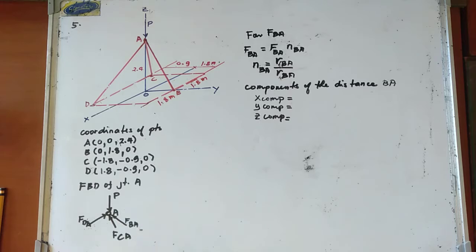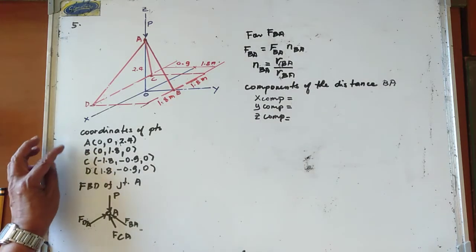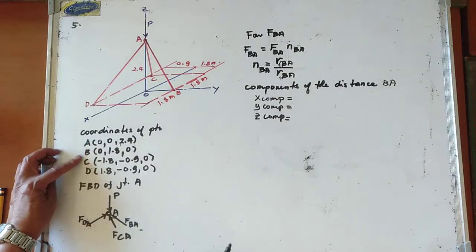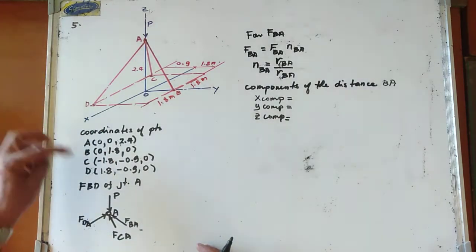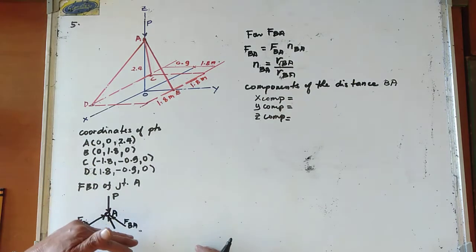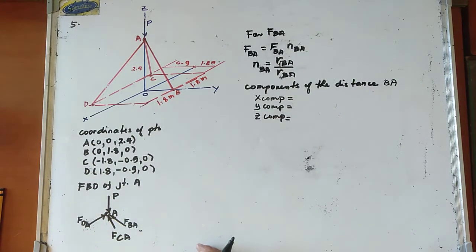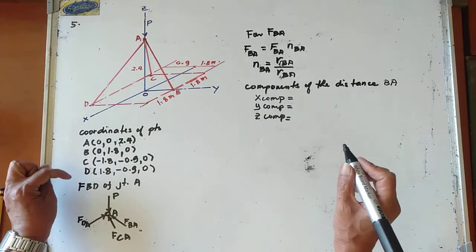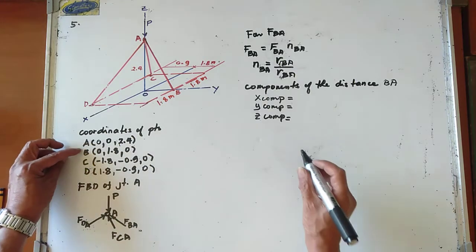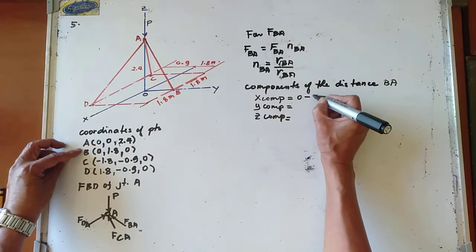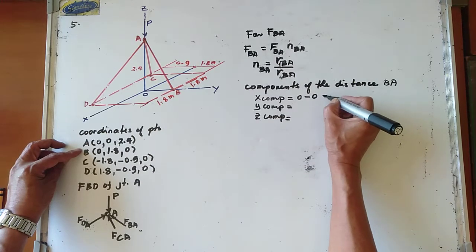Now, your leg BA is directed from point B to point A. Therefore, it is A minus B. The tip is at point A, and the tail is at point B, so tip minus tail, that is A minus B. The x component is equal to 0.